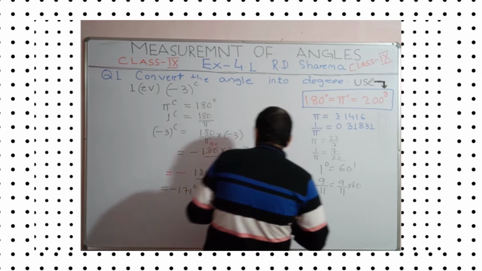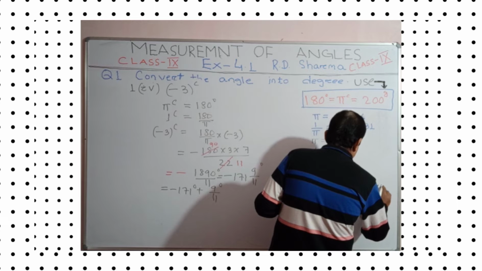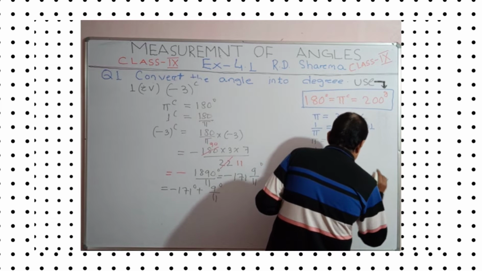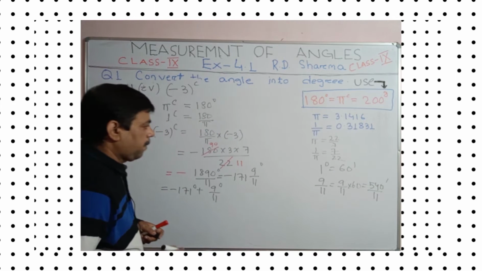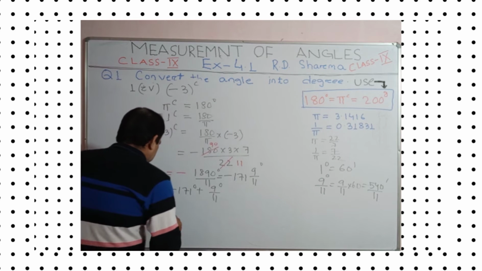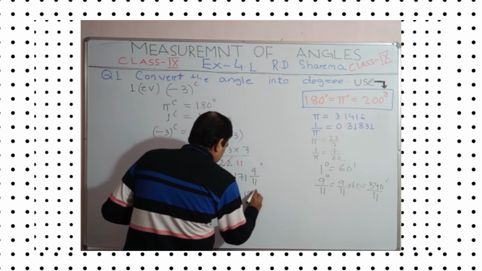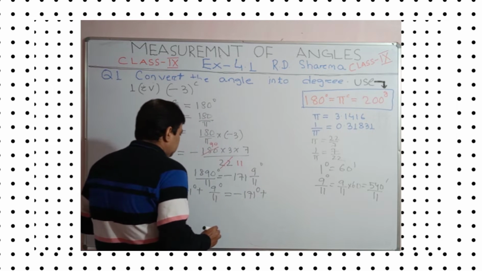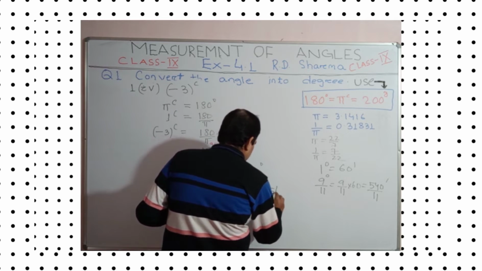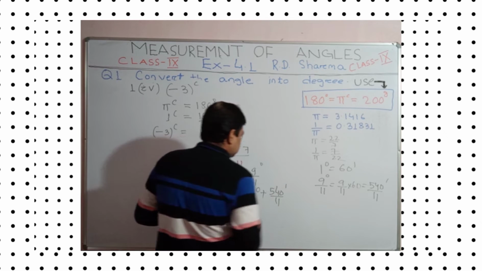Yes or no? That is equal to 9 sixes are 54. So 540 by 11 what? Minute. Yes or no? Yes. So it will be minus 171 degree plus 540 divided by 11 minute. Yes or no?